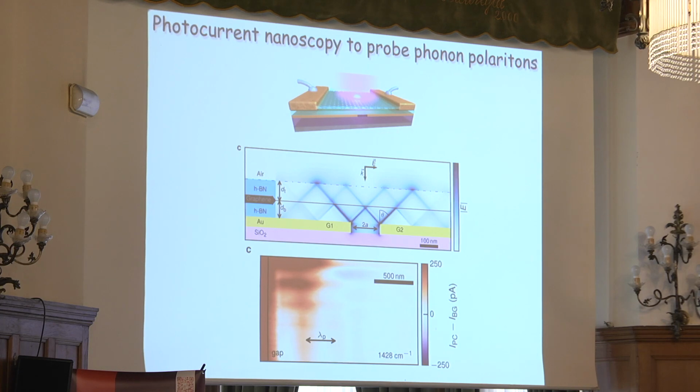Some other things you can do with photocurrent nanoscopy. You can look also at phonon polaritons. So this is just graphene encapsulated in HBN. It turned out that if you have the split gate and you launch phonon polaritons, as Pablo showed, they behave like these rays. They are absorbed in the graphene, and they can also generate a photocurrent. And then you see fringes here, which are coming from the phonon polaritons.